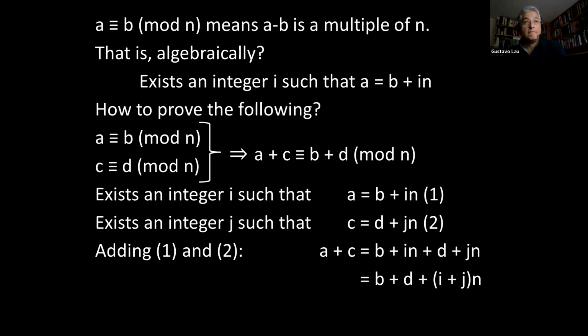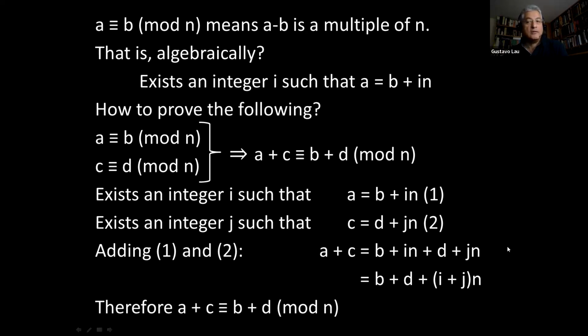Yeah. Therefore, there is an integer, I plus J, such that A plus C equal B plus D plus a multiple of N. So A plus C is the same as B plus D modulo N. Do you understand? Yeah.